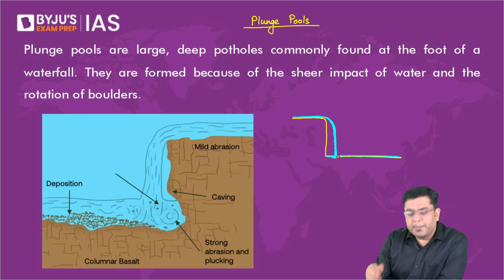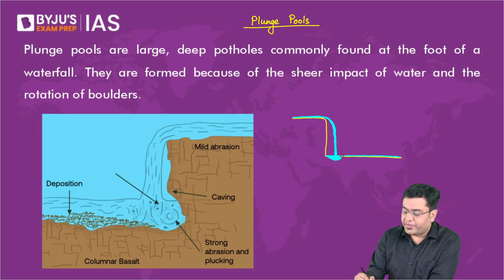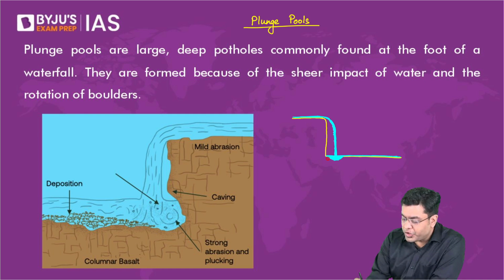It will erode the materials there ever so slightly. Eventually, the repeated action of the fall of the water from the waterfall deepens that portion quite significantly. And this forms what is referred to as a plunge pool. That is what forms a plunge pool.